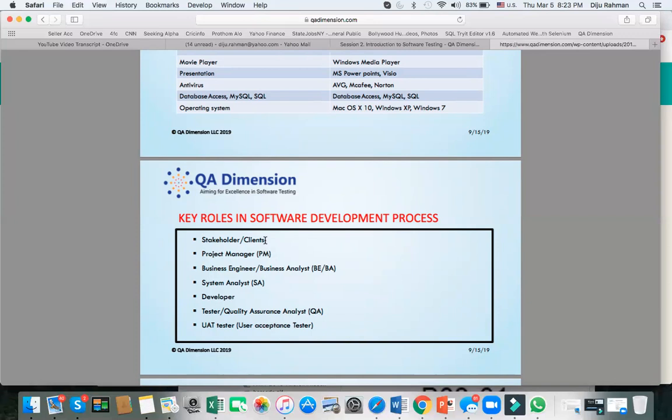Okay. The next is project manager. The project manager is somebody who is going to oversee the entire project. So let's go back to our building house example. Let's say the builders start building the house. The builder will probably appoint a person who is going to oversee the whole building process, right?